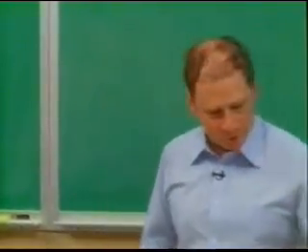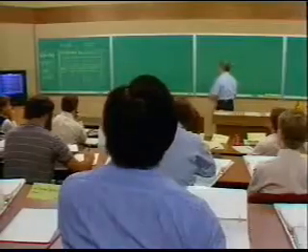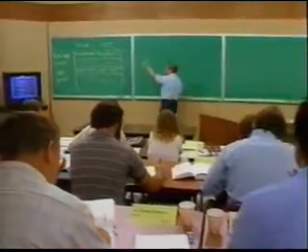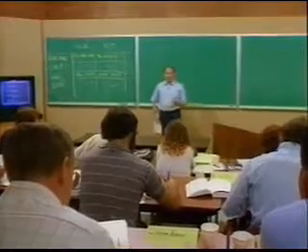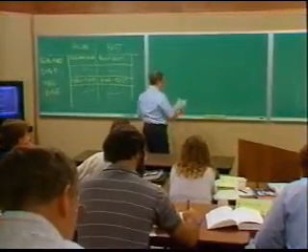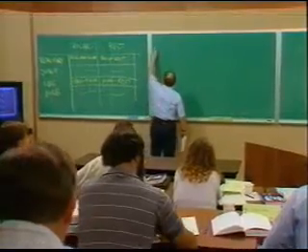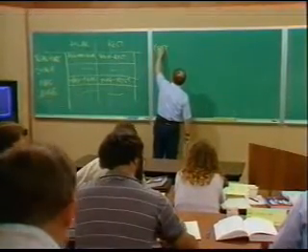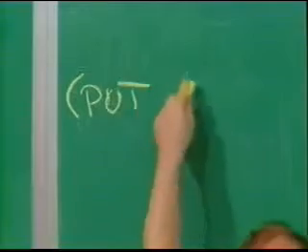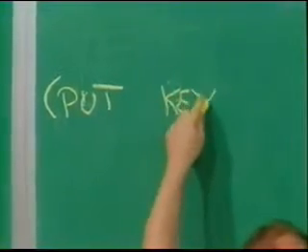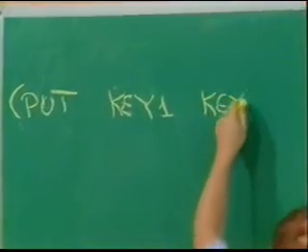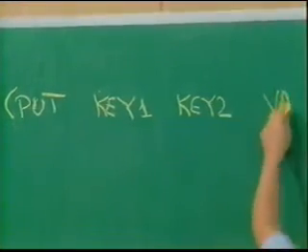Let's assume, again using data abstraction, that we have some kind of data structure that's a table, and we have ways of sticking things in and ways of getting things out. And to be explicit, let me assume that there's an operation called put, and put is going to take, in this case, two things I'll call keys, key 1 and key 2, and a value.